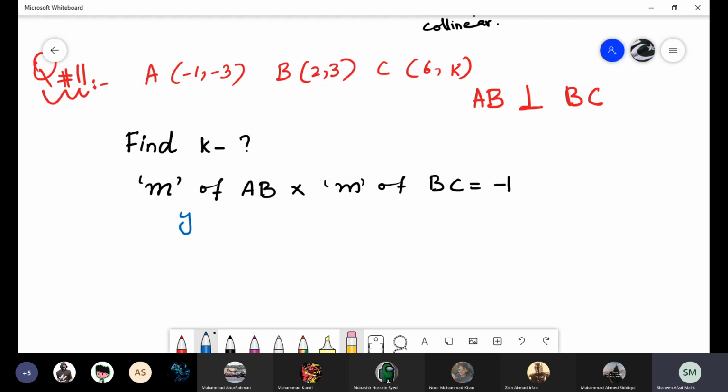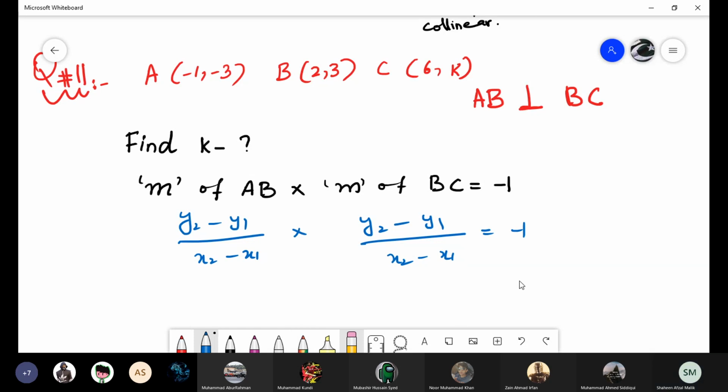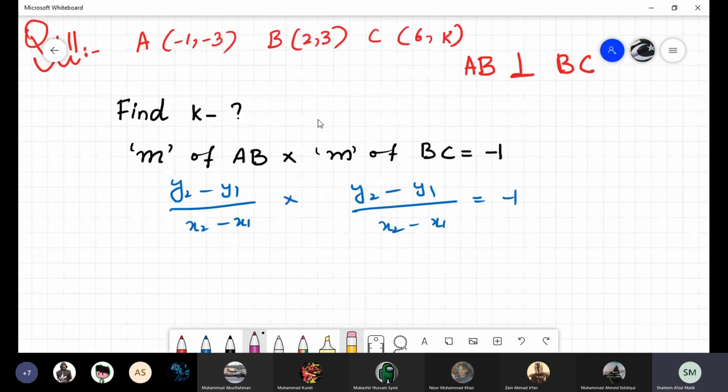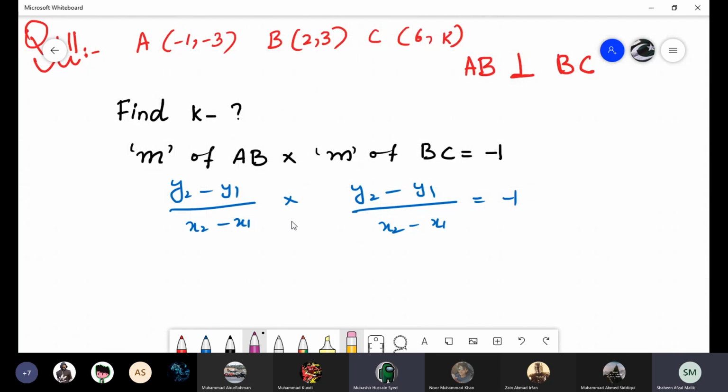Everyone has to solve it quickly. Y2 minus Y1 over X2 minus X1, multiplied by the same thing again, Y2 minus Y1 over X2 minus X1, is equal to -1. So what will be the answer? Mubashir, substitute the values.